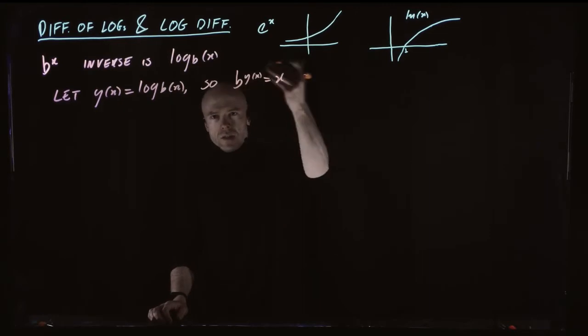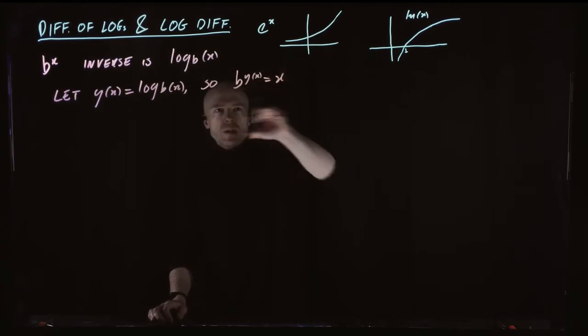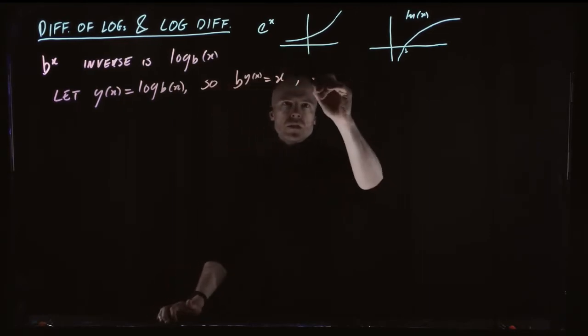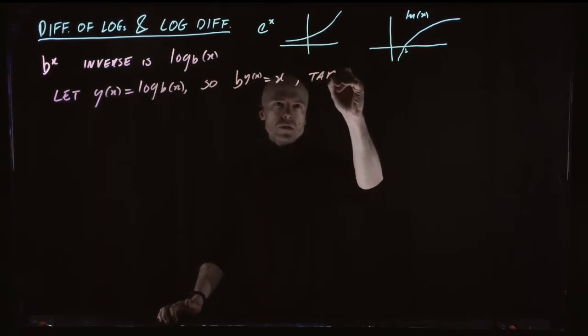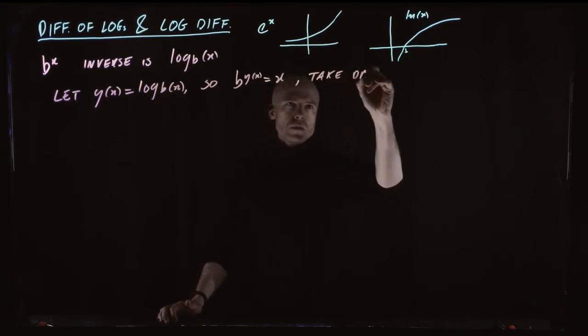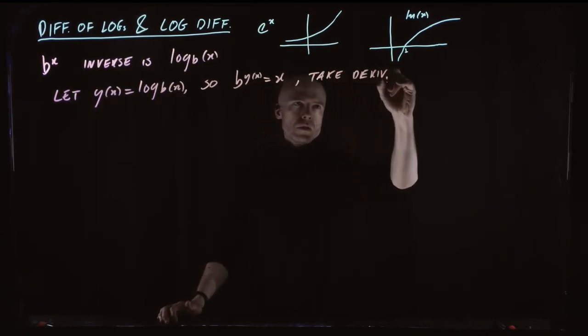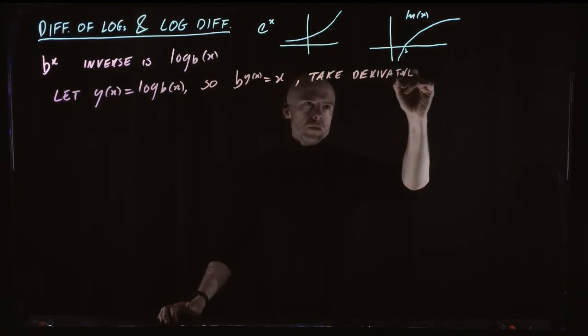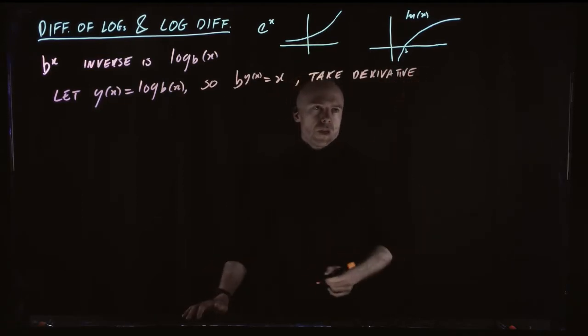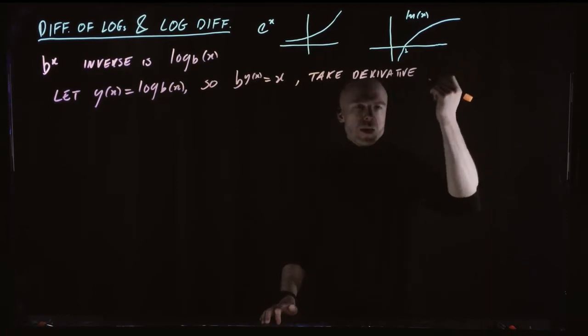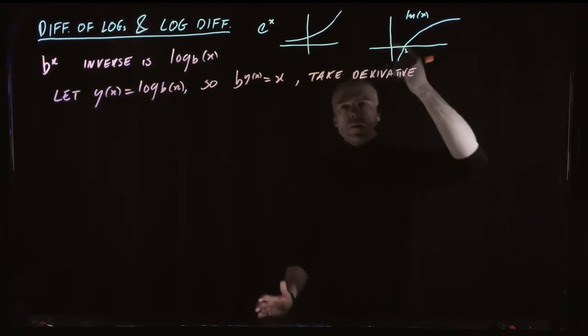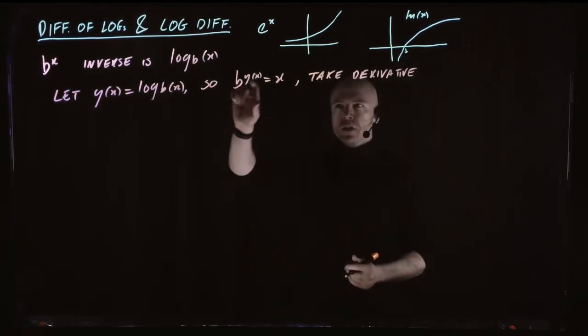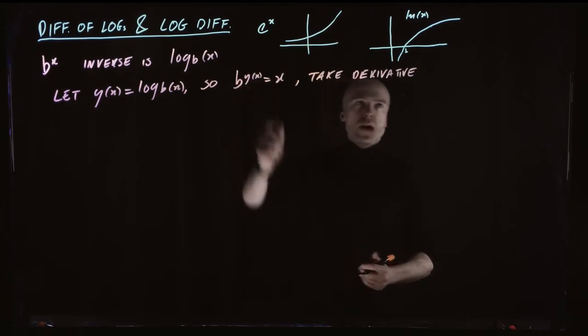And this is an implicitly defined equation, so we can differentiate through this. So take the derivative. And what do we get? Well, we have to remember how to differentiate b to the x, because the outer function is b to the x, the inner function is y of x.